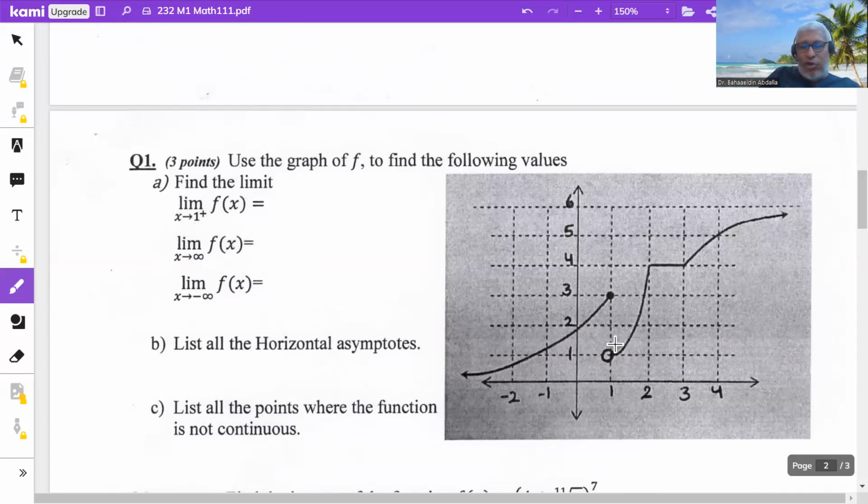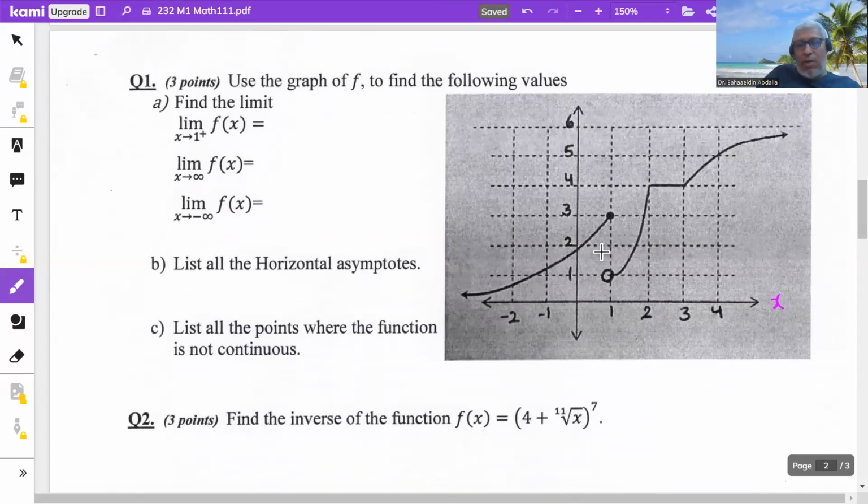So x approaches 1. Where is x here? This is x, and this is y. So x is approaching 1. So this is 1. x is approaching 1 plus. Plus means from the right. So when x approaches 1, for example, it becomes 2, 1.9, 1.8, 1.3.